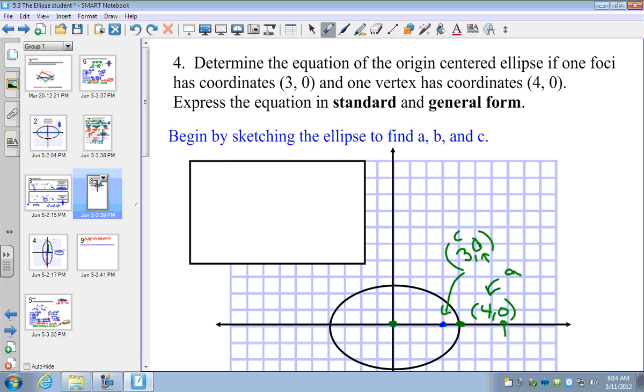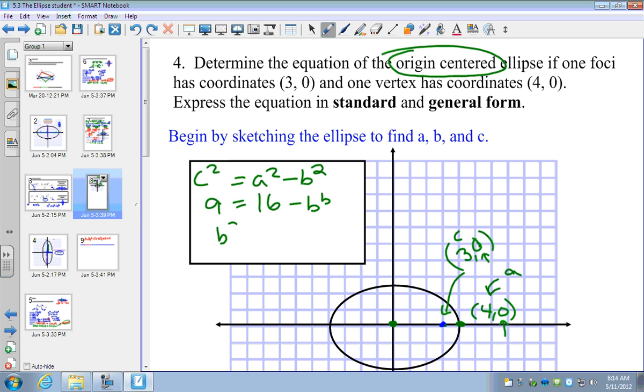Sorry, it also said origin-centered. That was the main reason. So I'm just going to find b, because b is going to help me here. Remember, c squared is equal to a squared minus b squared. 9 is equal to 16, because 4 squared, this was 3 squared, minus b squared. So b squared is going to equal 5.